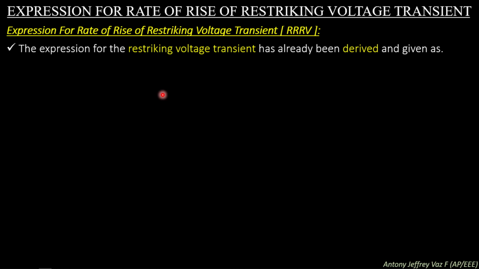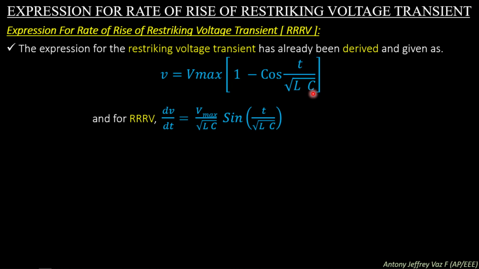Expression for rate of rise of restriking voltage transients. We have already derived the restriking voltage transient expression. We know that V is equal to V max into 1 minus cos t by square root of LC.